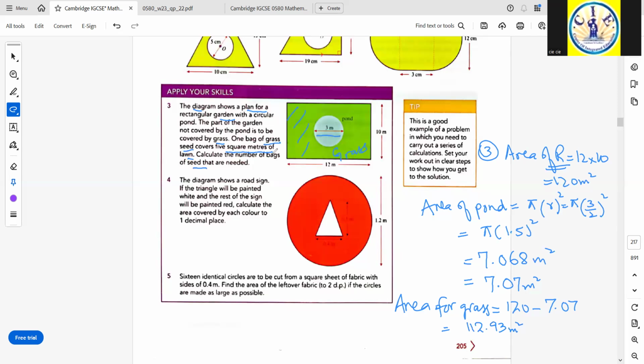So the number of bags of seed that are required can be calculated by dividing the remaining portion for planting the grass with 5, and this will be 22.57586.